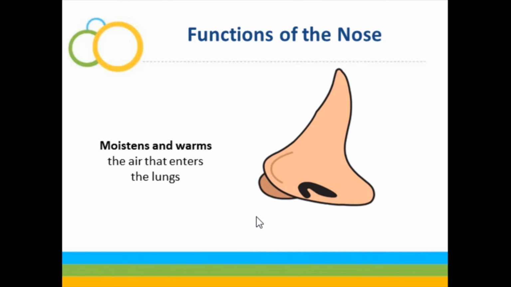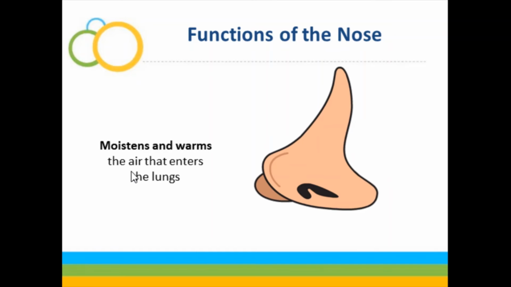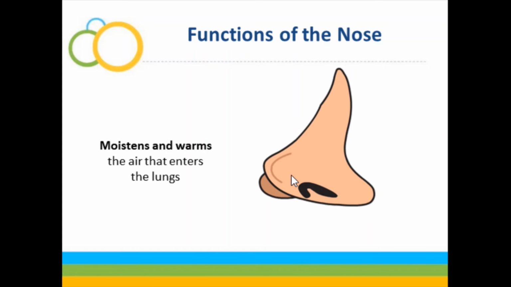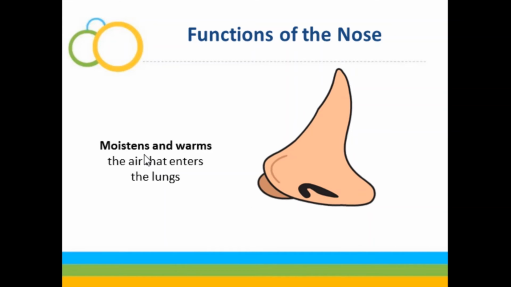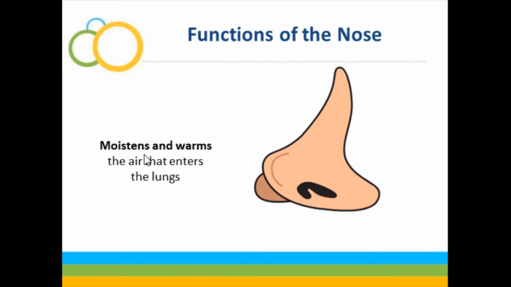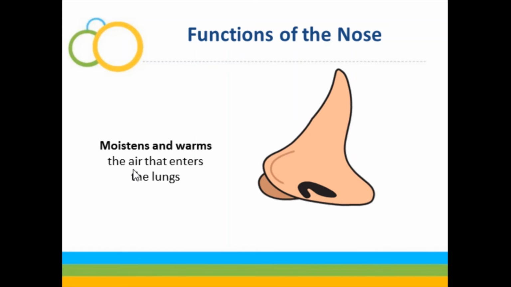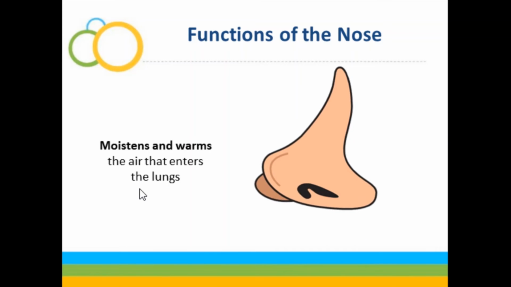Number 3. The nose moistens and warms the air that enters the lungs. Again, it moistens and warms the air that enters the lungs. Our nose produces mucus, and the mucus is responsible for moistening and warming the air before it gets inside the lungs.